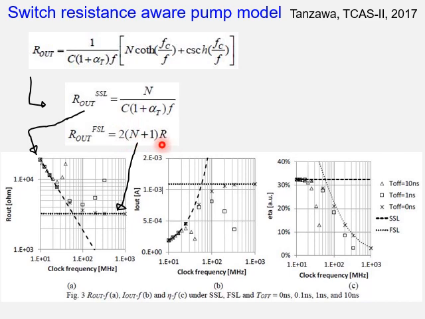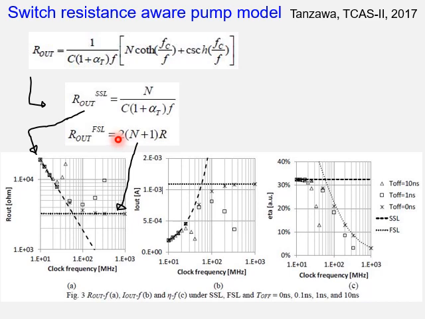This is very intuitive, because we have R for each stage resistance, and we have n+1 diodes or switches, and the factor of 2 is from the charge transfer at every diode occurring in a half cycle time.